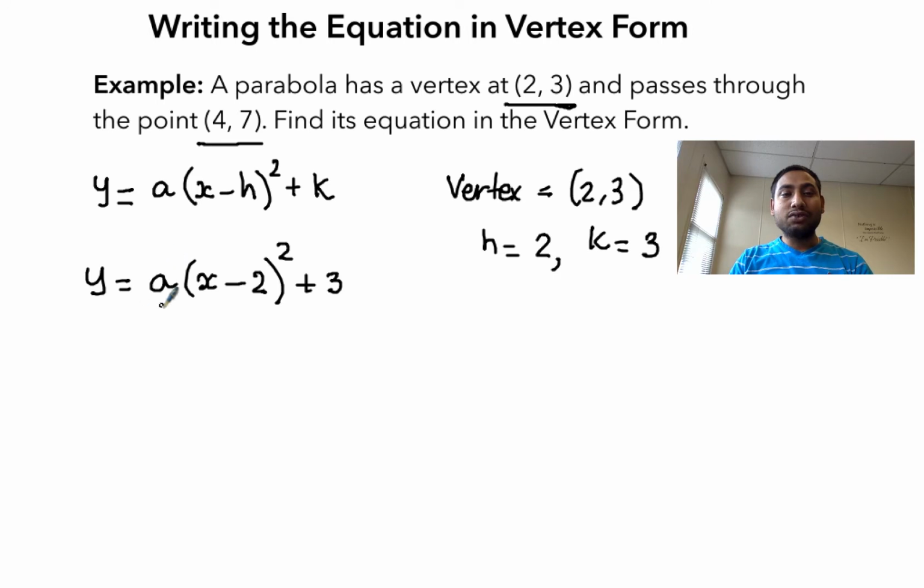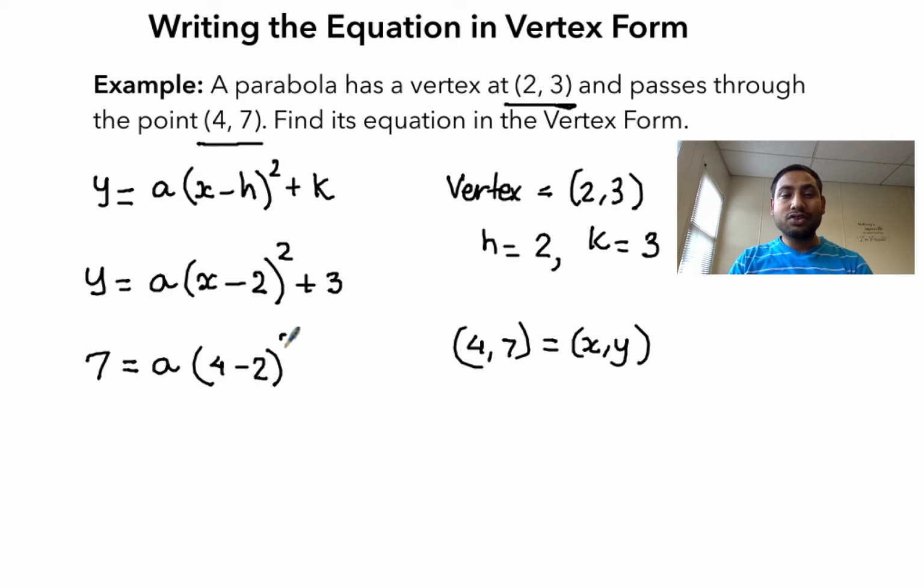To do that, we're going to use this additional point we're given in the problem, (4, 7). Let's consider that as our x, y pair. Let's plug in 4 for x and 7 for y in this equation. So 7, that's the y value here, equals a times, now the x value is 4, so (4 minus 2) squared plus 3.